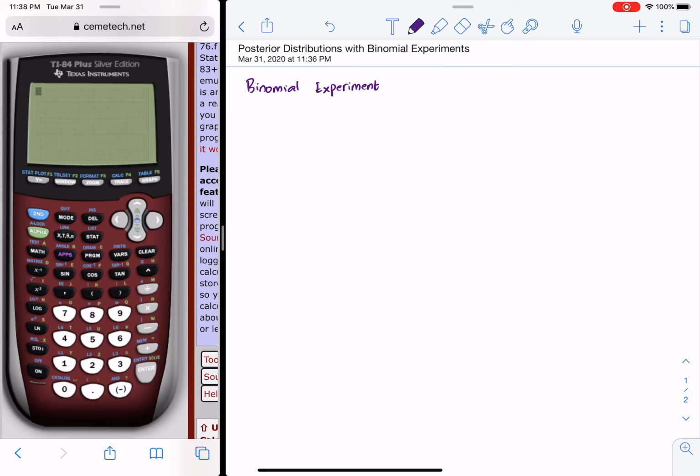A binomial experiment is one where we have m independent trials, and at each trial we either have a success. By all means, when we say success, we imply an event of interest.